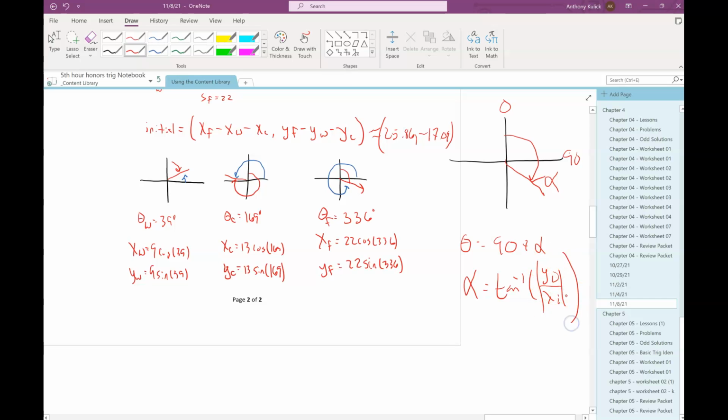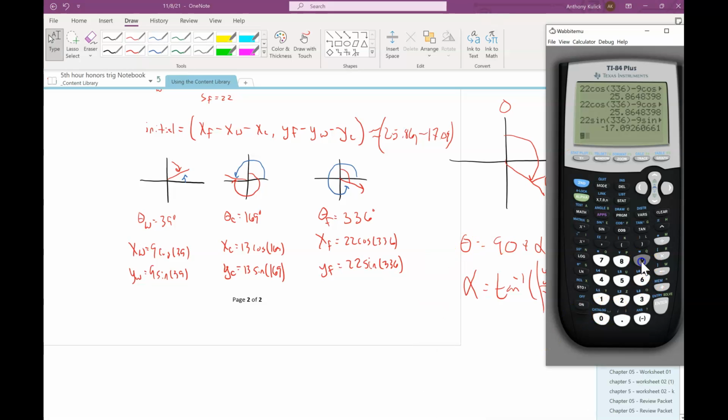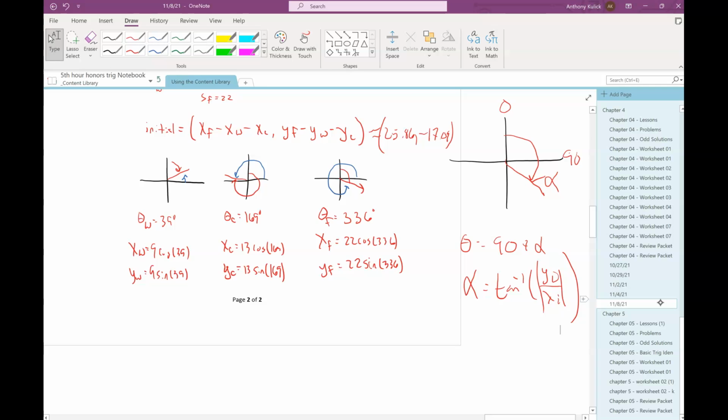Oops, absolute values. So 90 plus tan inverse ABS y over x. Make sure I got that all in there. Yep. So 123.46.